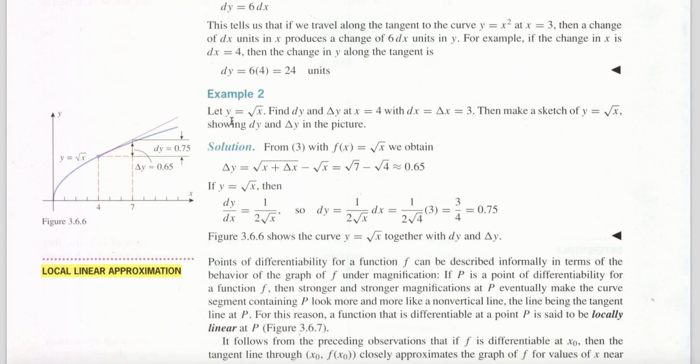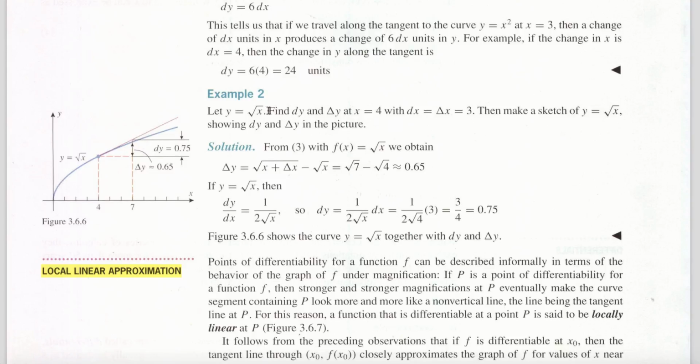Example 2, let y equal the square root of x. Let's find differential y and change in y at x equals 4 by using differential x and delta x to be the same amount. Then let's make a sketch of y equals square root of x, showing differential y and delta y in the picture.